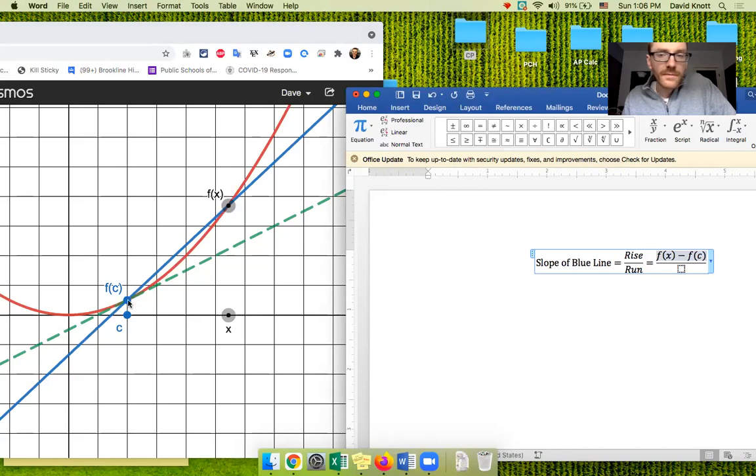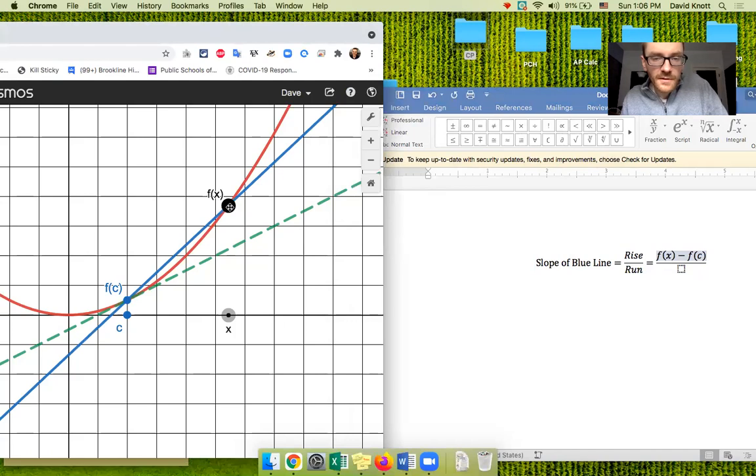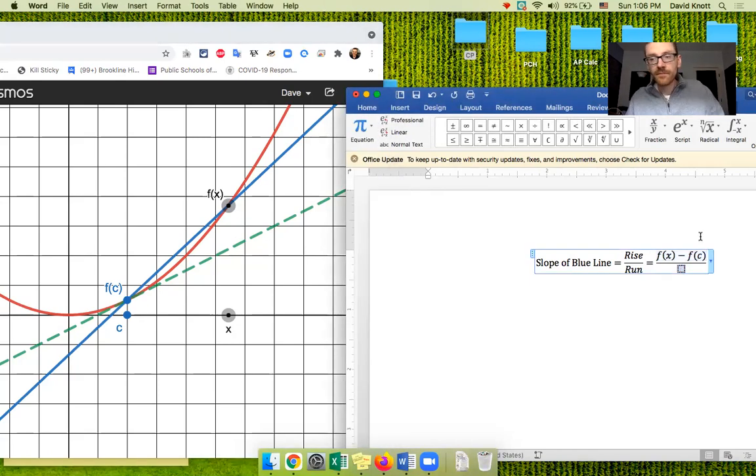Well, the x coordinate of this point right here is c, and the x coordinate of this point right here is x. So the run, the distance from here to here, is just x minus c. All right. So that is the slope of the blue line, f of x minus f of c over x minus c. That might be looking a little familiar.